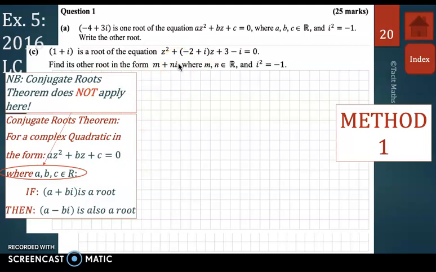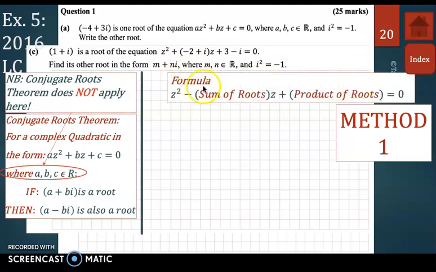Now there are actually at least 5 methods that you can use here. I think the simplest method is using this formula, and this is a very handy formula to have up your sleeve. With any quadratic, it doesn't have to be complex quadratics, if you write it in this format, the b coefficient is the sum of the roots, and the c coefficient is the product of the roots.